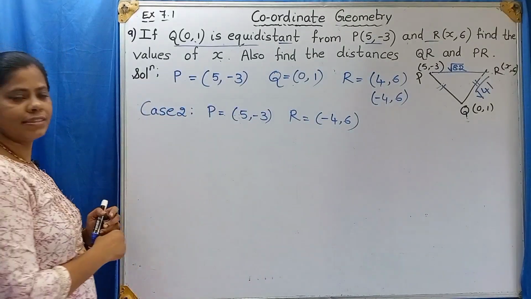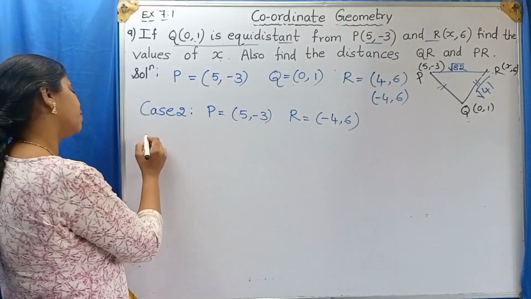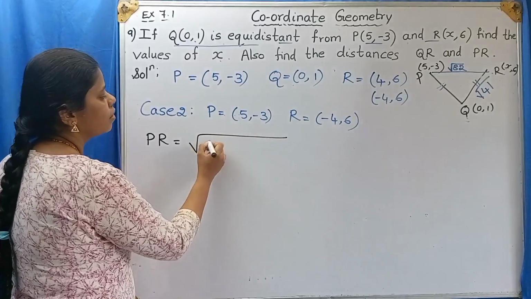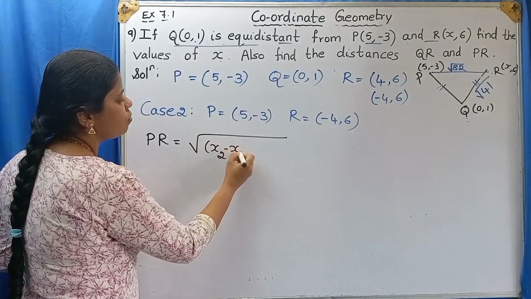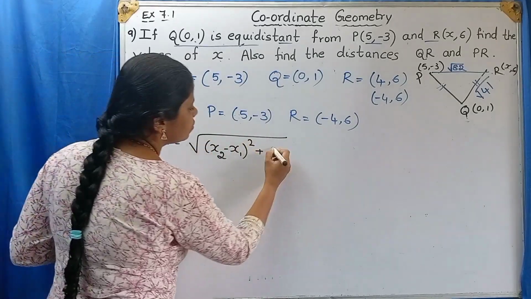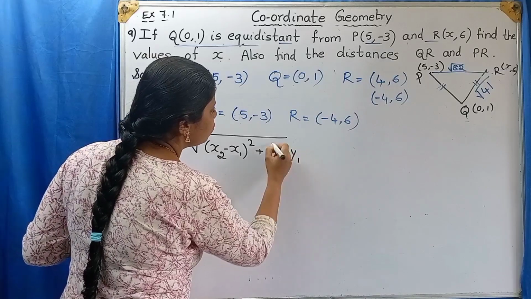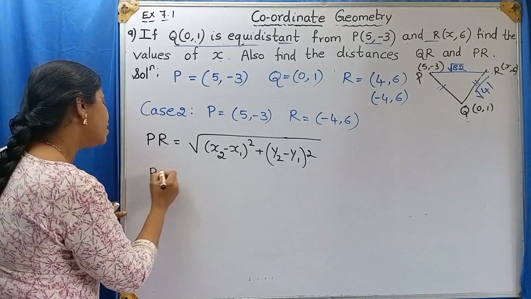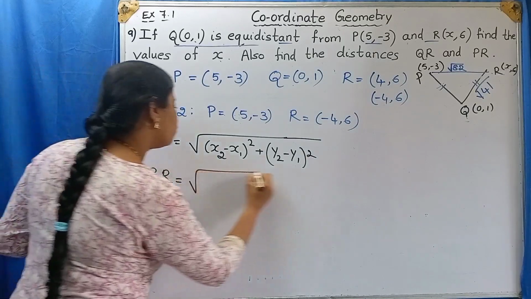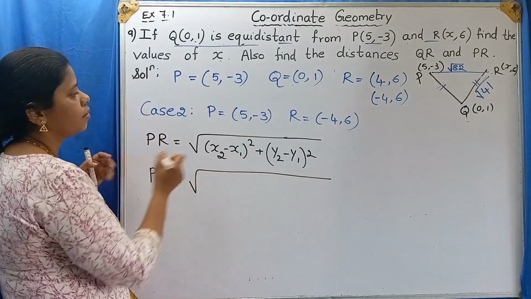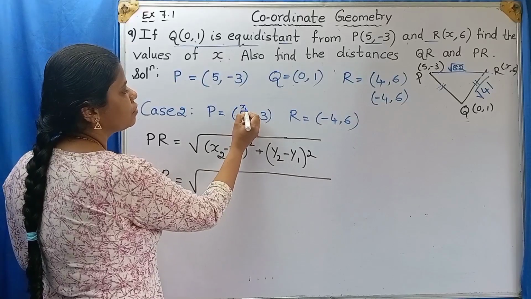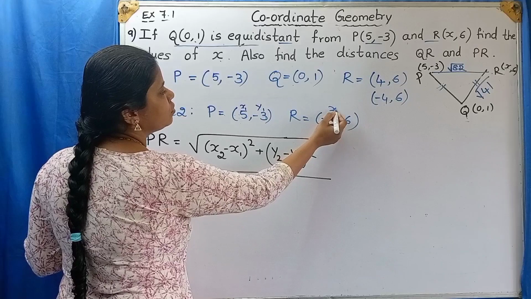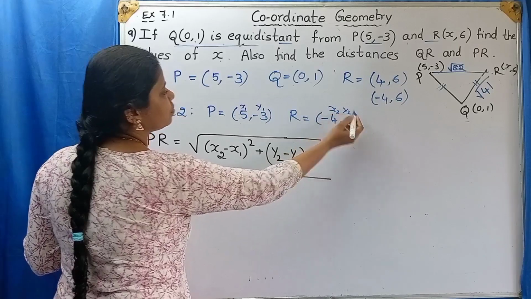Now we are finding the distance between the points PR. PR is equal to square root of x2 minus x1 the whole square plus y2 minus y1 the whole square. Here this is our x1, this is our y1, this is our x2 and this is our y2.